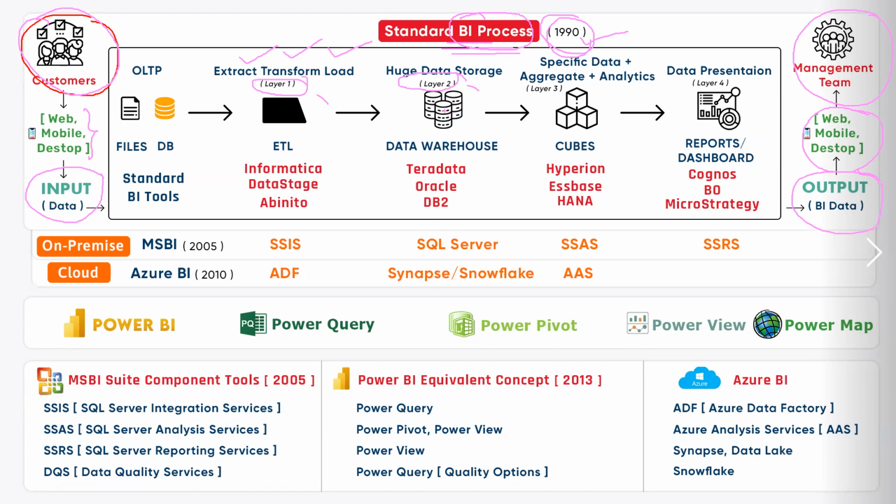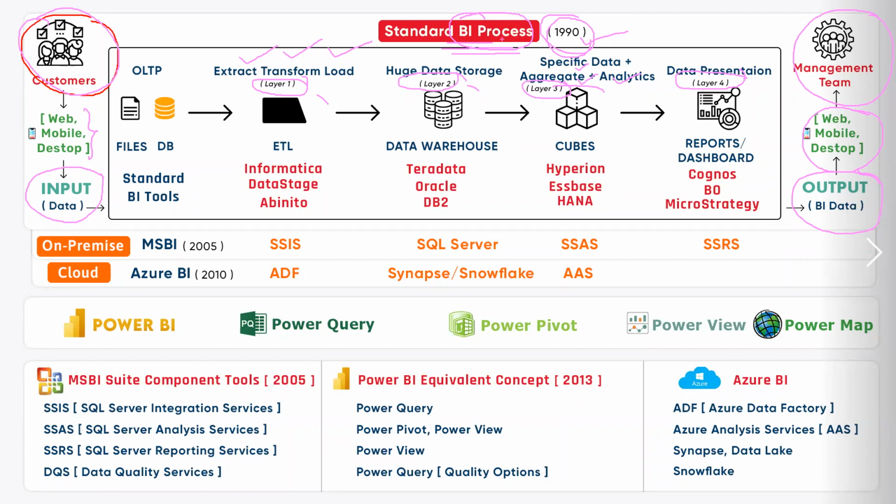A huge storage area. Once this is completed, we'll take the required data and perform aggregate analytical operations. Cubes and all are created. Finally, we go for data presentation, report generation, dashboard generation.